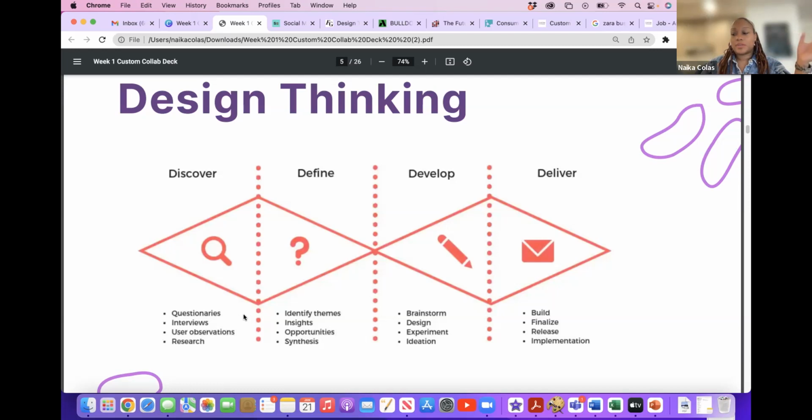So if I have a product or a service like this iPhone, I'm looking to see what's trending in the industry. What do users need? Why did iPhone come out with an iPhone 14? That's because consumers were asking for different iterations of maybe apps or applications.